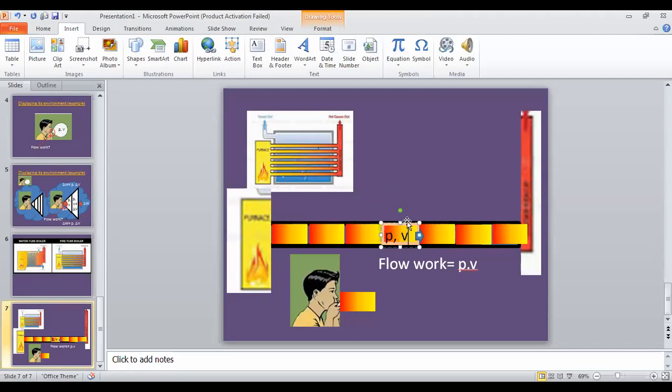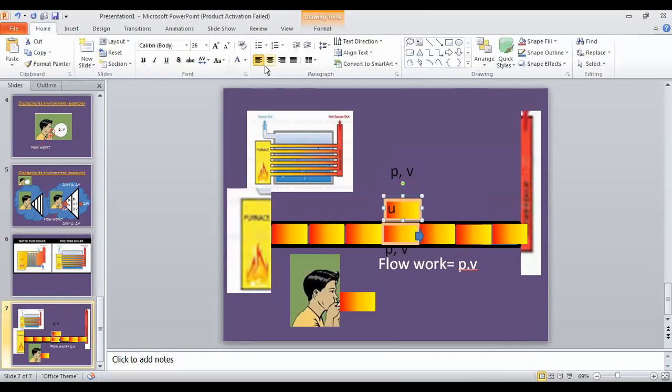Of course, there is an internal energy of this, U. Let's say this is for unit mass.